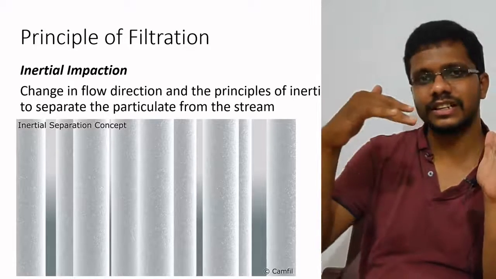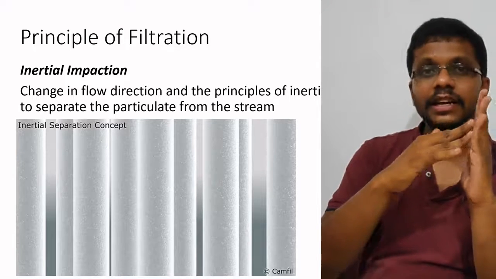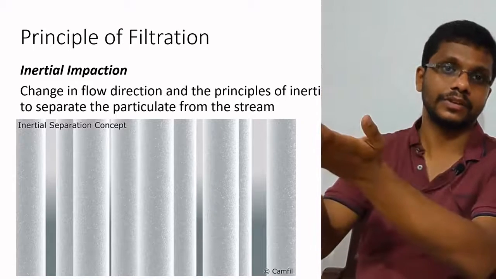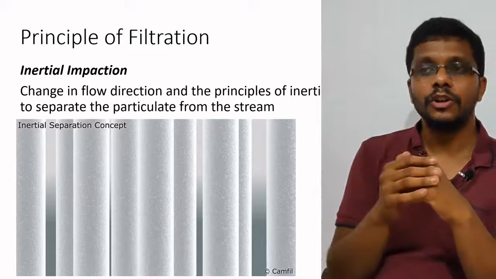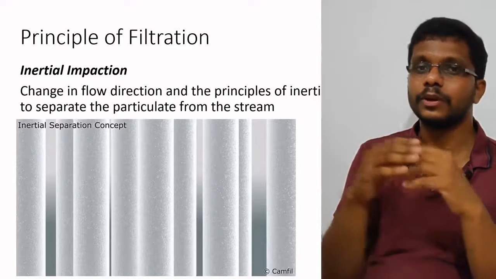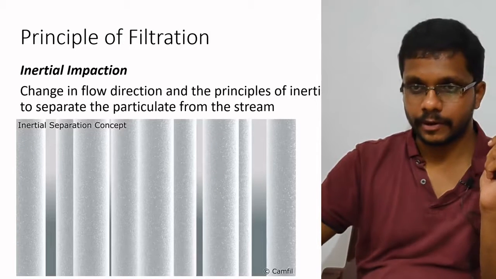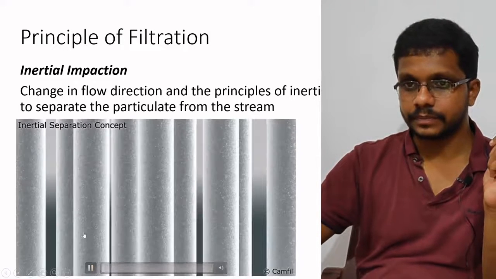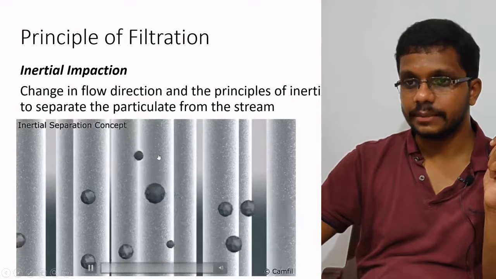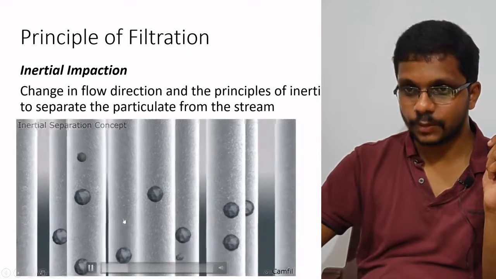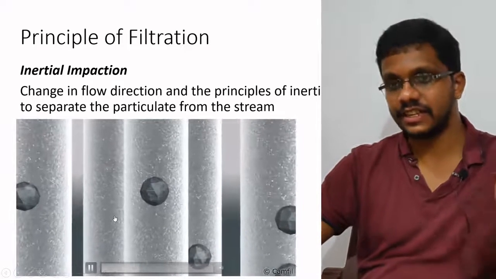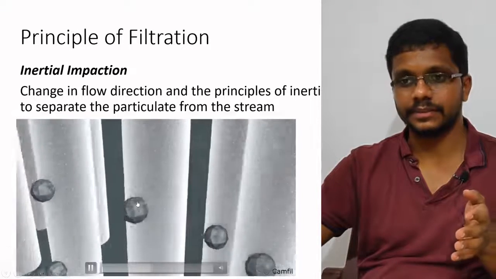They will still try to go straight, even if there is a larger pore for the particle to go through, but the particle is not able to go because it doesn't change its direction of flow very easily. Here we have the video. So these are the filter medium. The small particles are able to change direction easily, but the large particles are trapped.